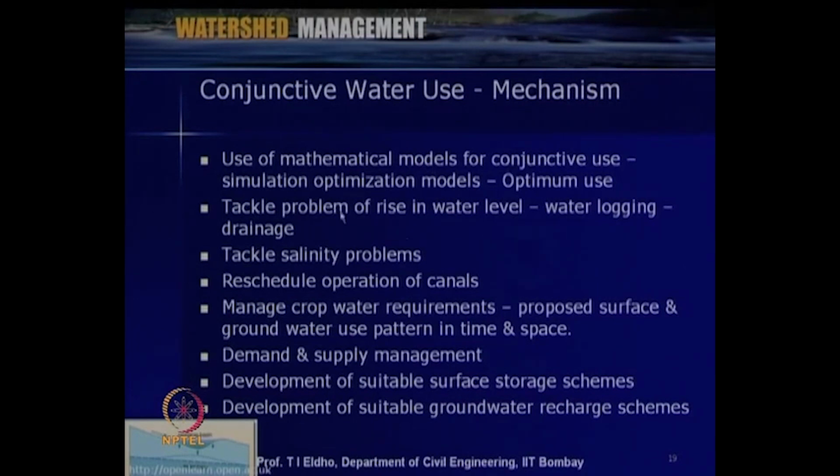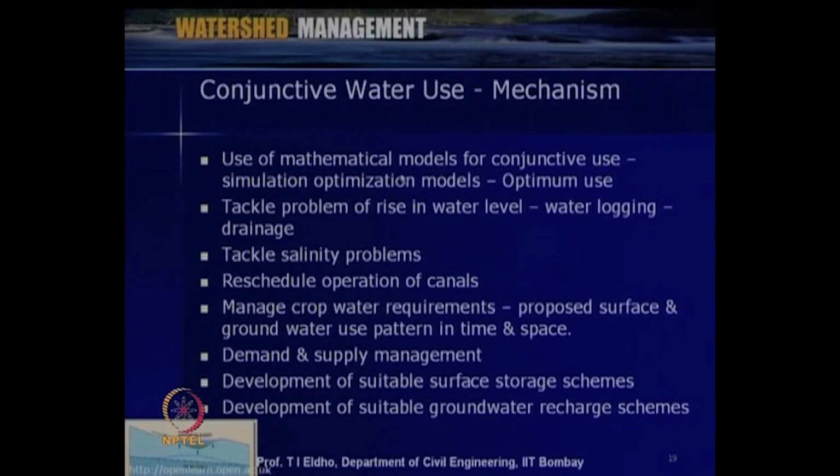Now let us see what the important mechanisms are through which we can adopt conjunctive water use. Some of the mechanisms I have listed here: we can develop mathematical models for conjunctive use by considering simulation of the hydrological aspects and groundwater aspects.